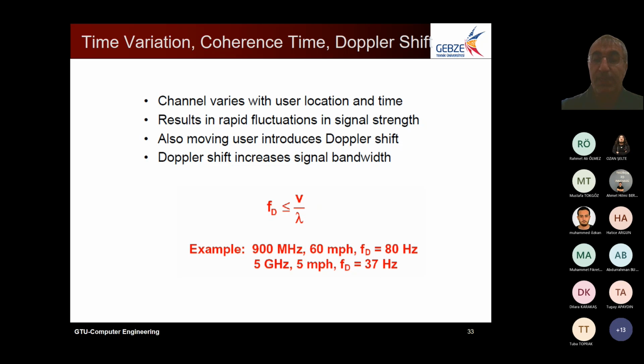My carrier frequency is 900 megahertz, which is typically a GSM carrier frequency. Assume you have a mobile device moving in a car at 60 miles per hour, which is about 100 kilometers per hour. If you calculate the Doppler shift based on this equation, you end up with 80 hertz.